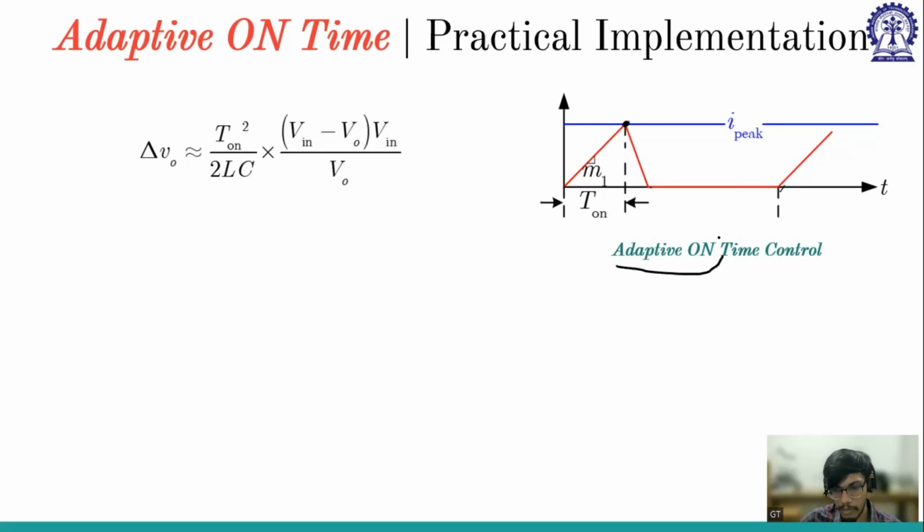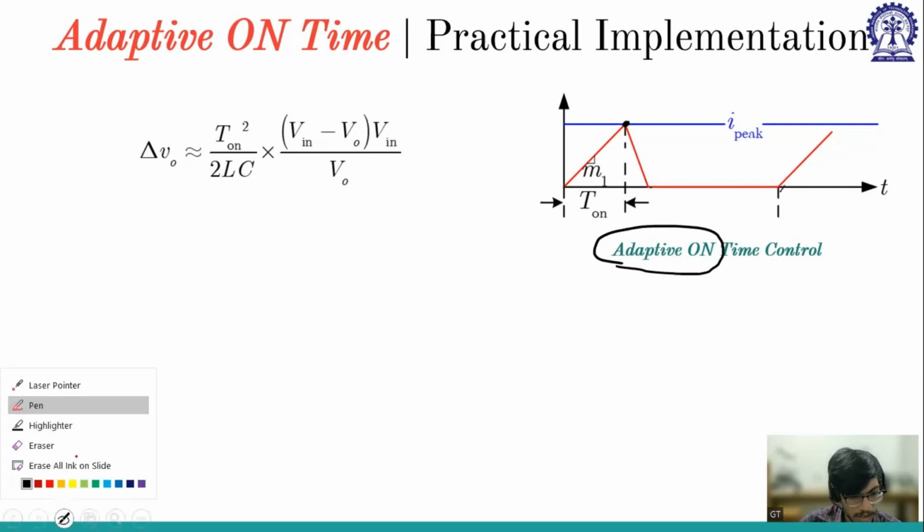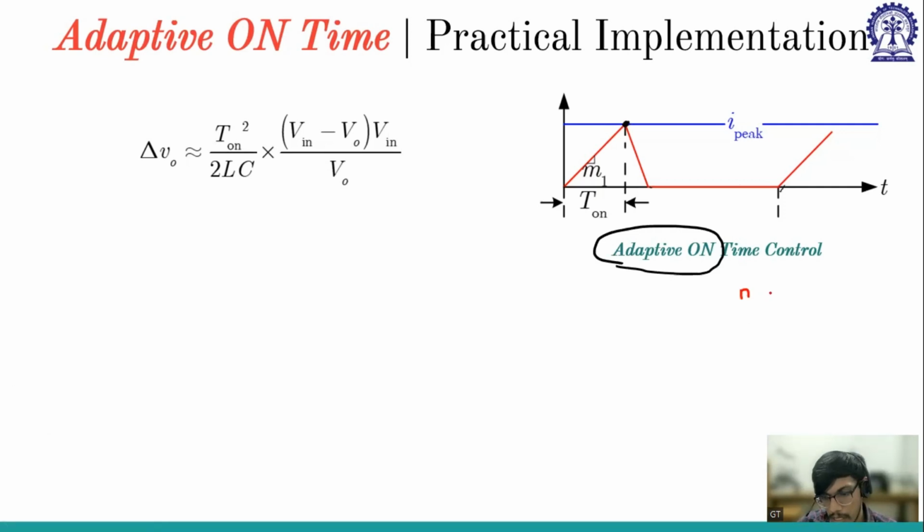T on will be adaptive because M1 is (Vin minus V0) by L. Say if Vin increases, the slope will increase, so the T on becomes shorter and it will fall. If Vin decreases, then the slope will become slower, so T on increases and then it falls.